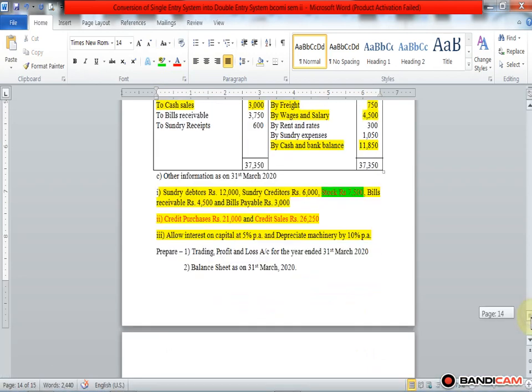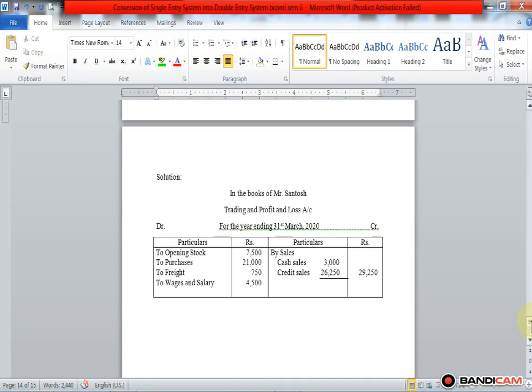That closing stock is transferred to the credit side of trading account as well as the closing balance sheet, asset side. So closing stock always has two effects. First, on the credit side of trading account, and second, on the balance sheet asset side. But which balance sheet? The closing balance sheet, asset side.